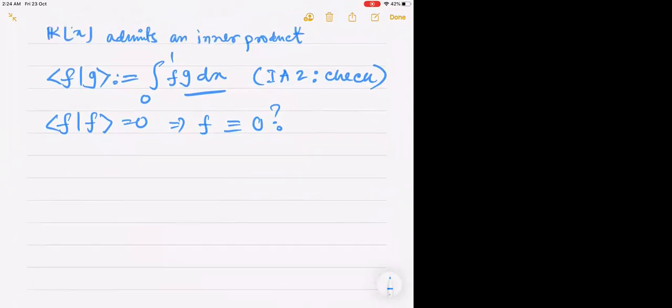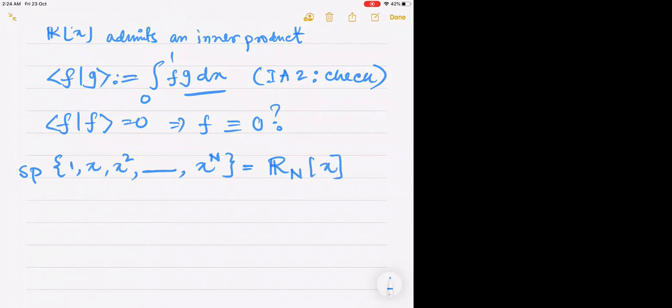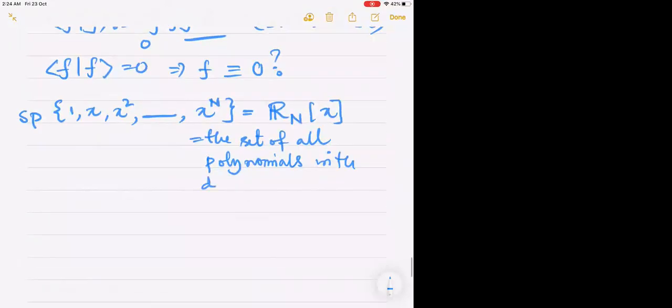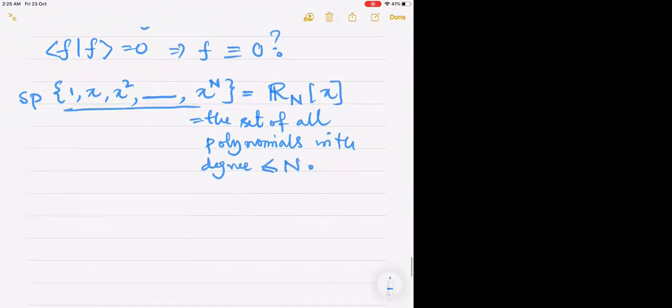Now it will turn out to be an inner product, and with this inner product I can ask this question. Suppose I have the standard basis for the polynomials, 1, x, x squared, dot dot dot up to x to the power N, for any number capital N. The span of this is the set of all polynomials with degree less than or equal to capital N, and this is in fact a basis for that.